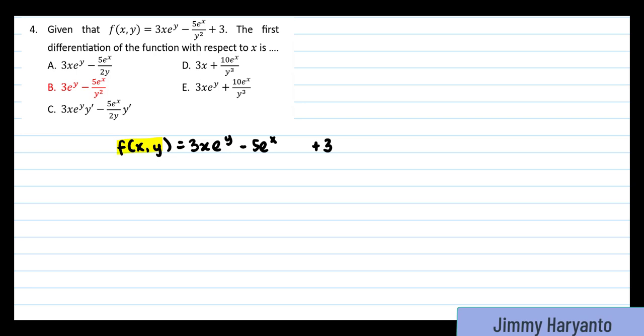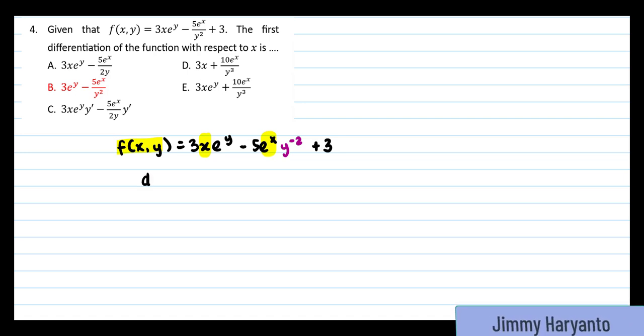Okay, and then for this y squared over y squared, I will take it to the top, so you will have y to the power of negative 2. The question wants you to differentiate it with respect to x. That means you only have to differentiate this one with respect to x, and that's it. You don't have to differentiate anything else.